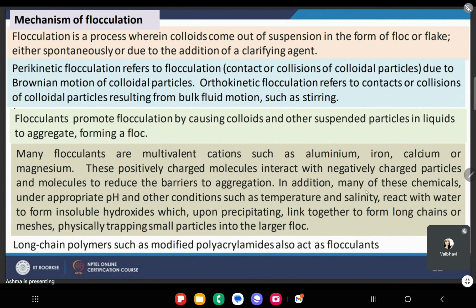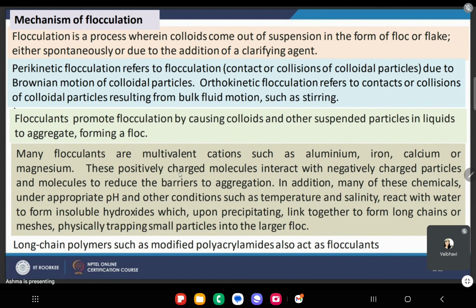So to neutralize this charge, we add positively charged molecules like aluminium or calcium salts, and these cations neutralize the charges, and since the charge is neutralized, the colloidal particles come closer to each other, they aggregate, accumulate, and flocks are formed, which can further be removed by either sedimentation or filtration.